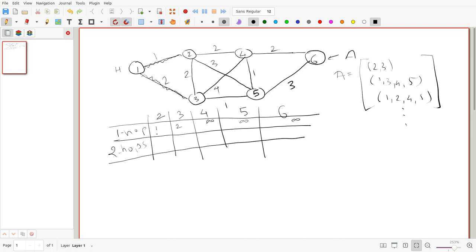Okay, so if I'm considering two hops, I can only go two hops from a node which I can reach in one hop first, right? So what I mean is, I'll first look at the above row. So I look at the row which has one hops and I know that I can reach 2 and 3 because these are the only ones which are marked with some non-infinity number. Okay, so I look at 2 and 3 individually and see where these guys lead me to in their one hops.